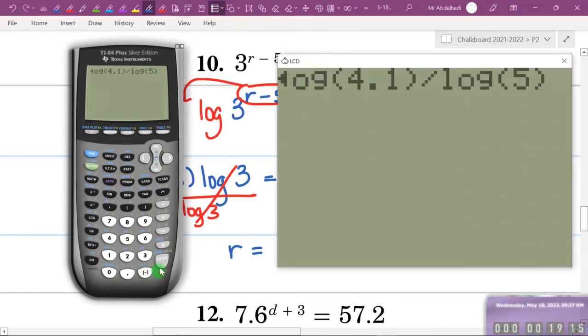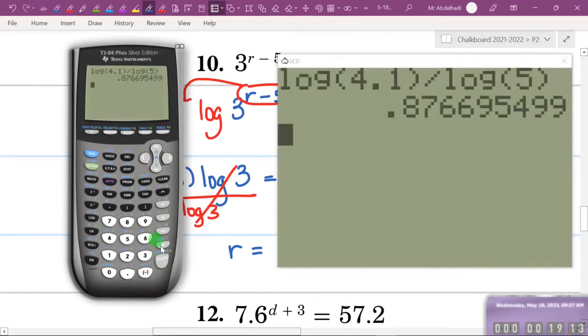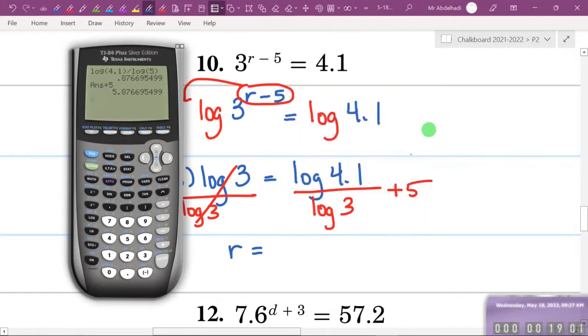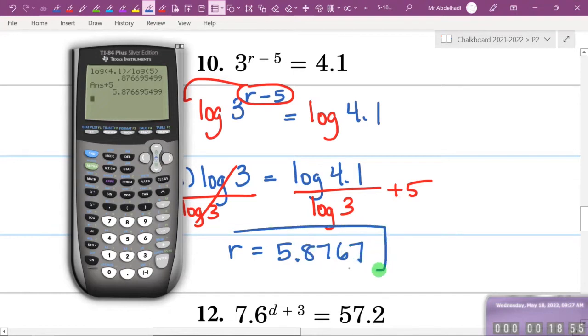Okay, there it is. Hit enter, and then I'm also going to add the 5 that we have to add at the end. And we get 5.87. I think they want 4 decimal places. So 5.87669 is 5.8767, and there's your answer.